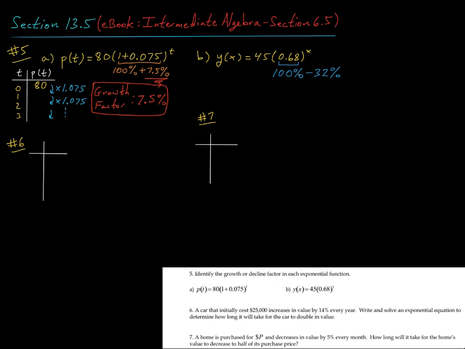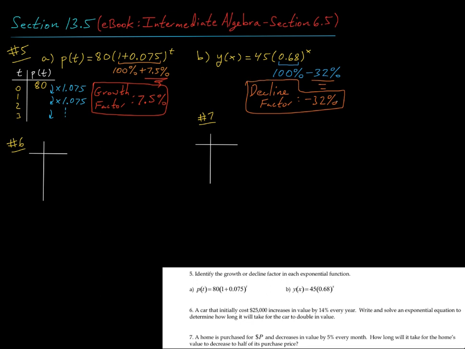So in other words, I'm peeling off 32% each year. So 32% of that previous value, take that off to get the present value. So we call this the decline factor. So that'd be minus 32%. We apply a 32% decrease year to year.